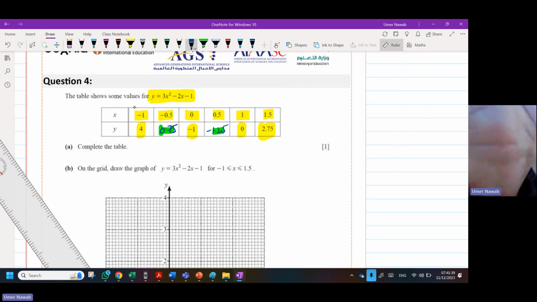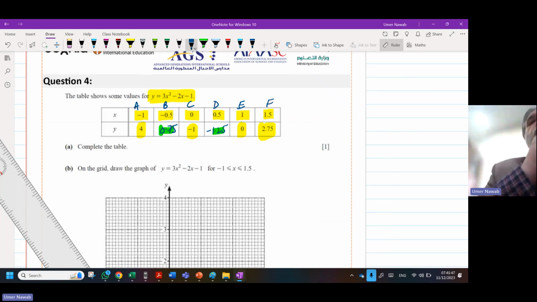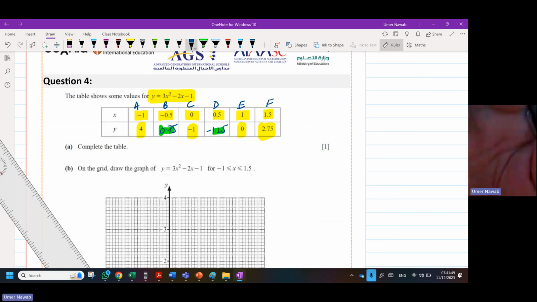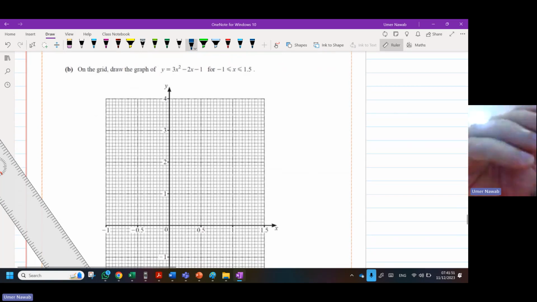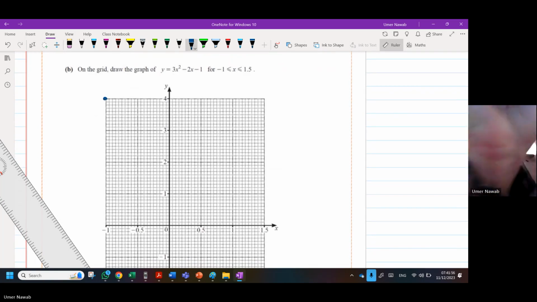Now I have A, B, C, D, E, and F points, and I want to plot all of these points on the grid. So (minus 1, 4), this is the point.